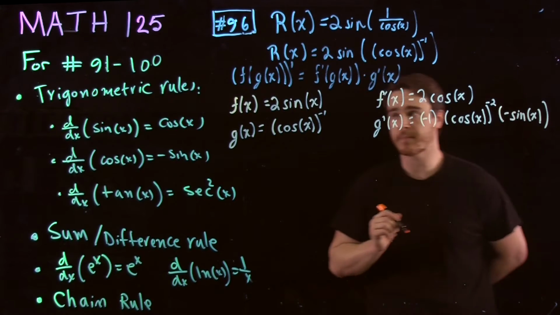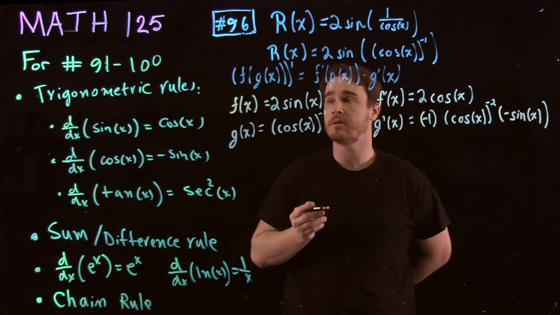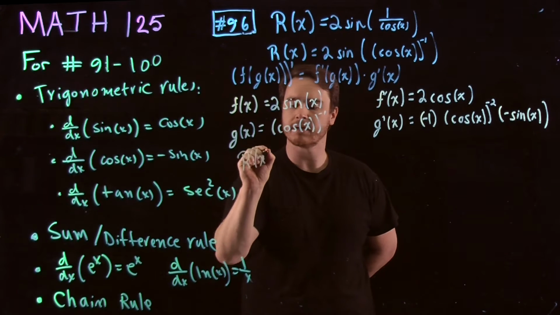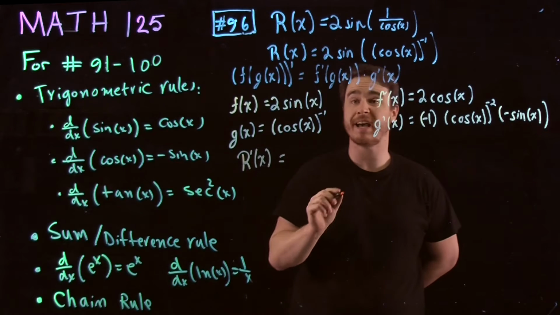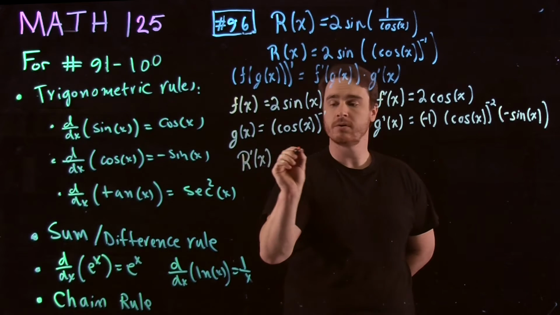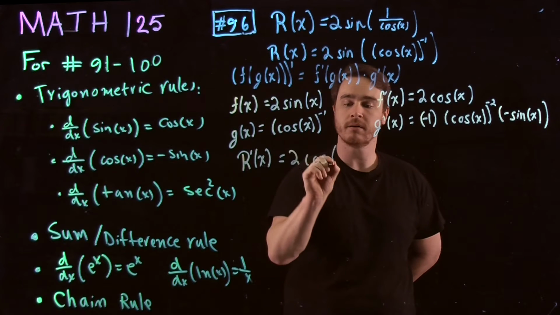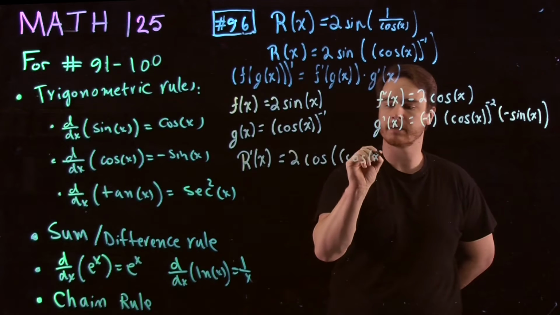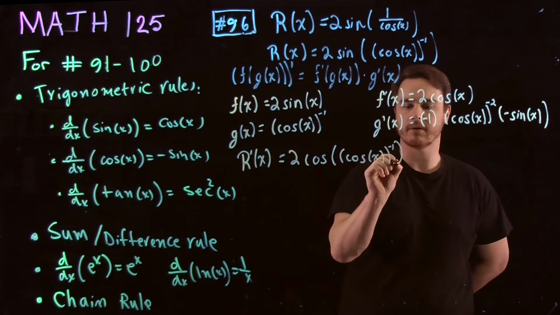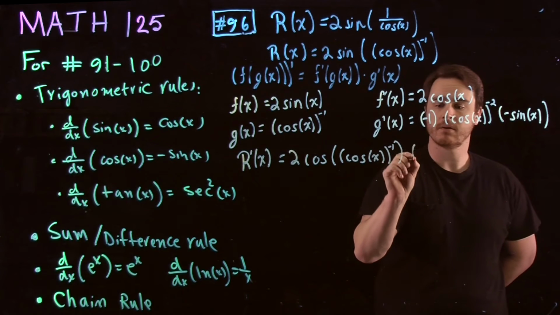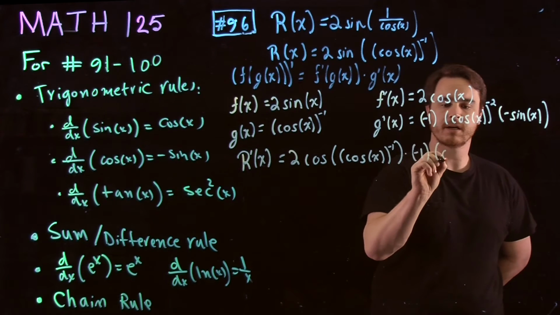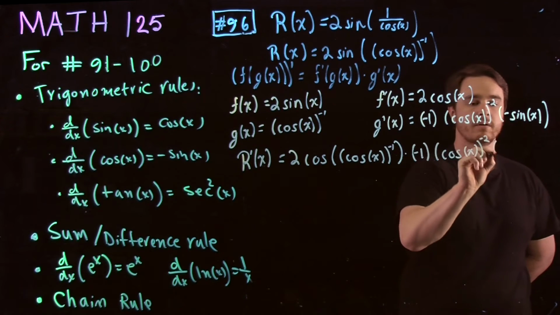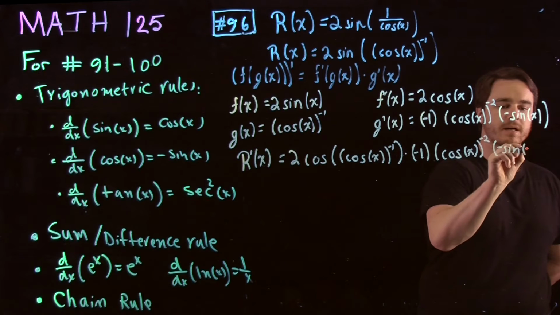So going back to my chain rule, we find that r prime of x is equal to f prime, which is 2 cosine of g of x, which is cosine of x to the negative 1 power, times g prime of x, which is negative 1, times cosine of x to the negative 2 power, times negative sine of x.